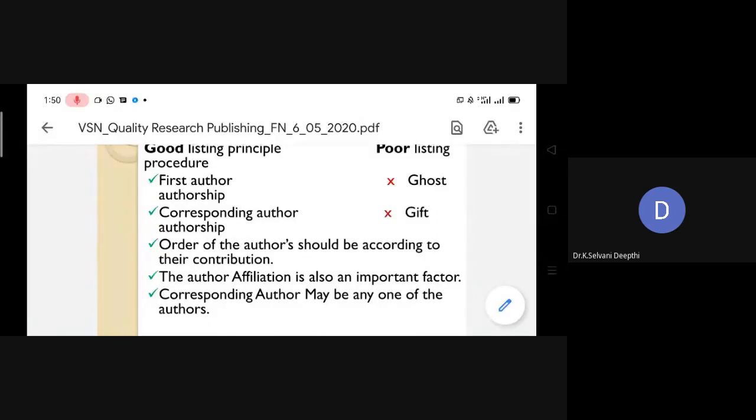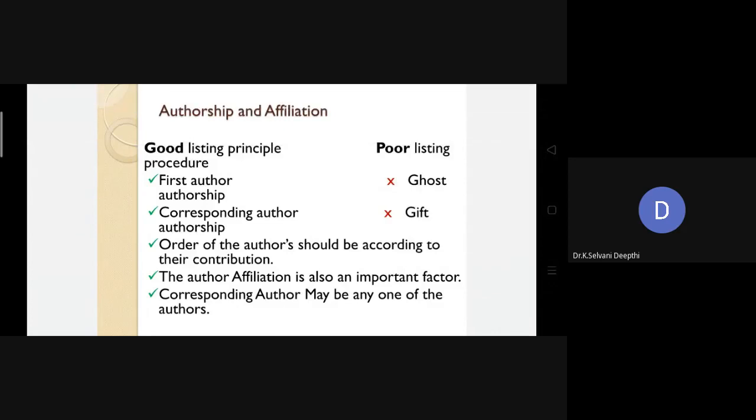And here another thing I can add: an author can give two affiliations also. Let us take a person who is doing a PhD part-time in a university; then he is affiliated to that university as well as he is working in some college. Then he can give one, two. If I did my PhD from JNTU Kakinada, I can give JNTU Kakinada as one affiliation.